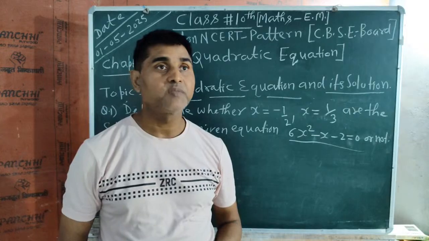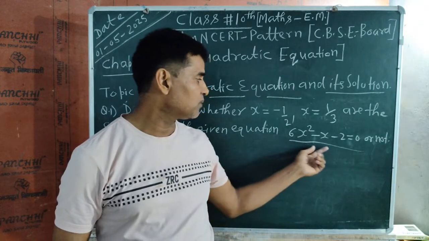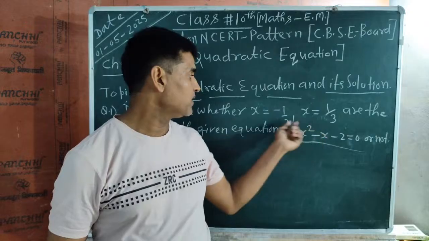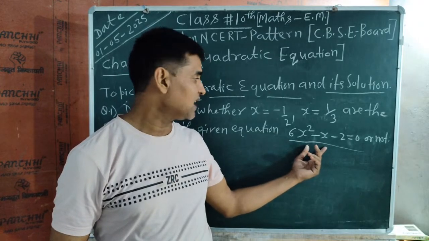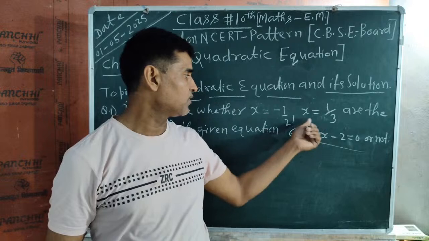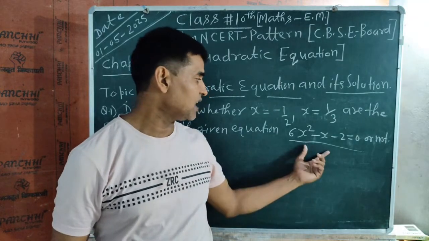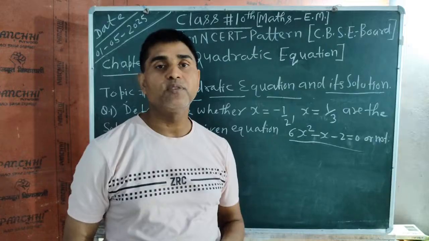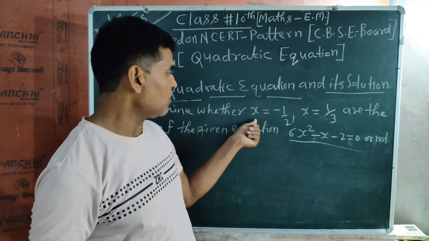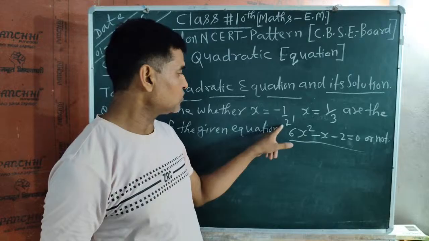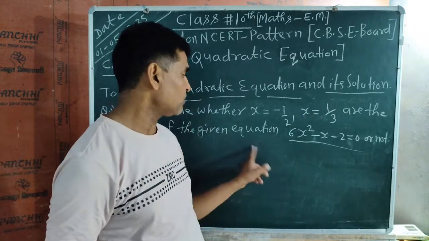Now we have to assume the given equation is 6x square minus x minus 2, and then we put the value x equal to minus 1 by 2 and calculate the left hand side, and also the value at x equal to 1 by 3. If the left hand side value at these 2 points is 0, it means that x equal to minus 1 by 2 and x equal to 1 by 3 are the solutions of this quadratic equation.